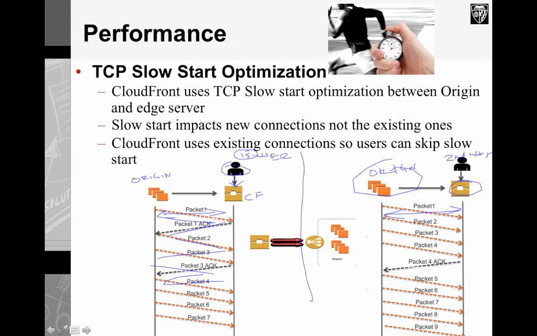They are continuously sending lots of packets together because now they've optimized their communication. The point I'm trying to make is by having TCP slow start optimization and Keep Alive connections, CloudFront can actually serve content to the second, the third, the fourth, the subsequent users much faster. Once again, using TCP slow start optimization to improve performance of serving content.